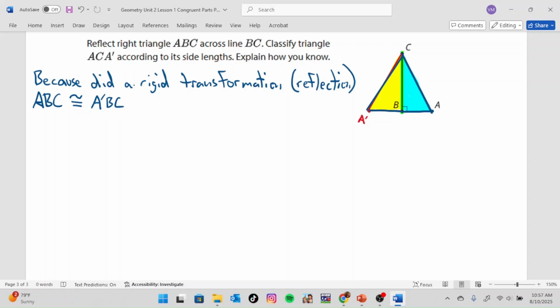Because we know these two triangles are congruent, therefore, segment AC is congruent to segment A prime C.